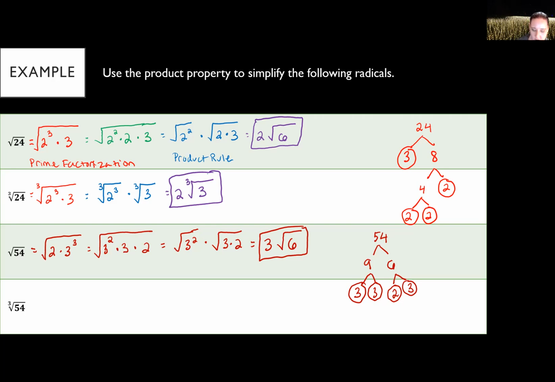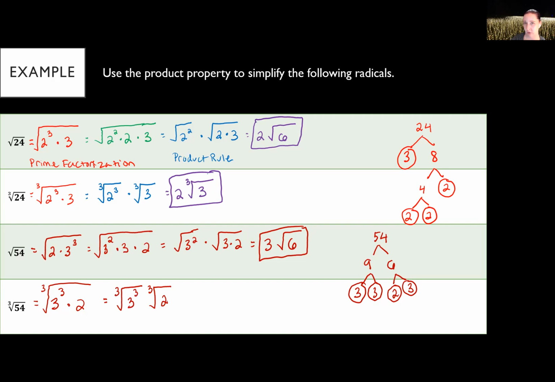So the next one, we've got the cubed root of 54. So I'm going to rewrite it with 3 cubed first, just because I know that I'm going to be simplifying that cubed root of 3 cubed. So I've already got something with that exponent of 3. So I'm going to split my 3 cubed up. And then I'm going to leave the cubed root of 2 left over.